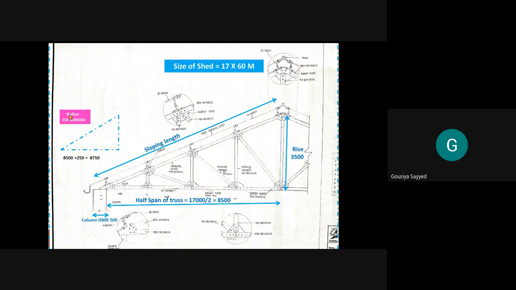Here I have shown the rafter of size 60 by 60 by 6. What is the meaning of that? 60 is one side, the second 60 is the second side of that angle section, and 6 is the thickness. So how to draw the 60 on this roof truss?